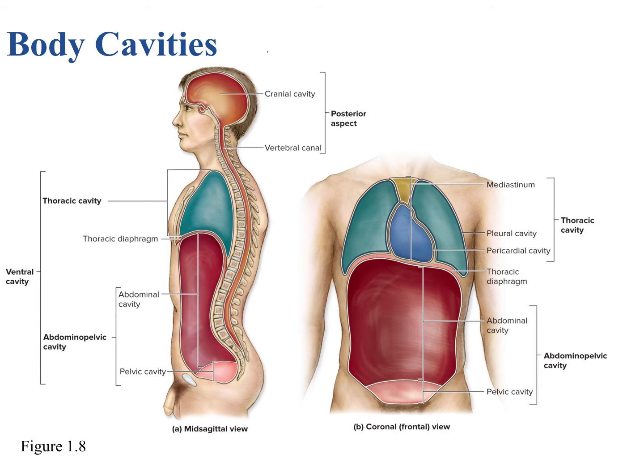So here are the cavities: cranial cavity, vertebral canal, part of the posterior aspect. And then the anterior aspect, we have the thoracic cavity, separated by the diaphragm. And then we have the abdominal cavity and the pelvic cavity. There's no physical separation between the abdominal cavity and the pelvic cavity.